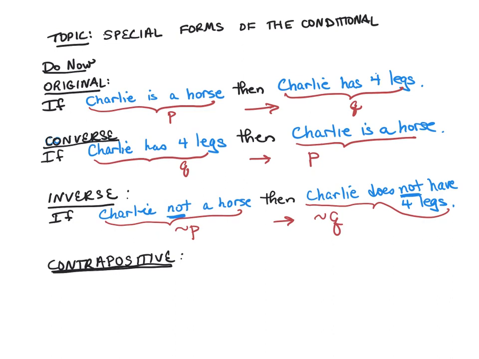Well, there's only one left. That's just negating the consequent and the antecedent and flipping it. So we have, let me just write this in the right color. If Charlie does not have four legs, then Charlie is not a horse.